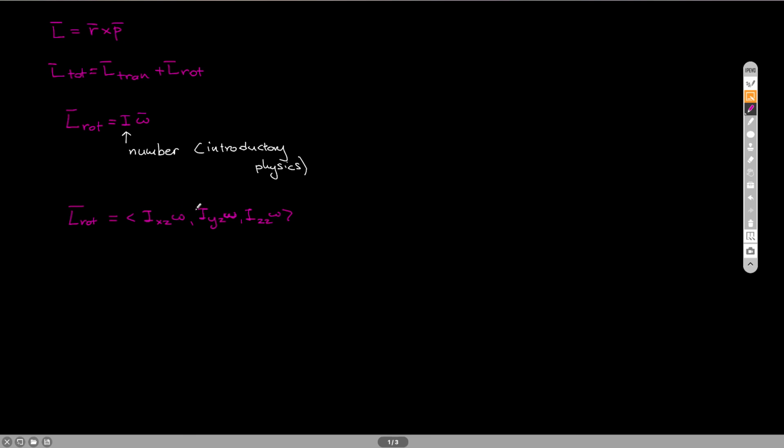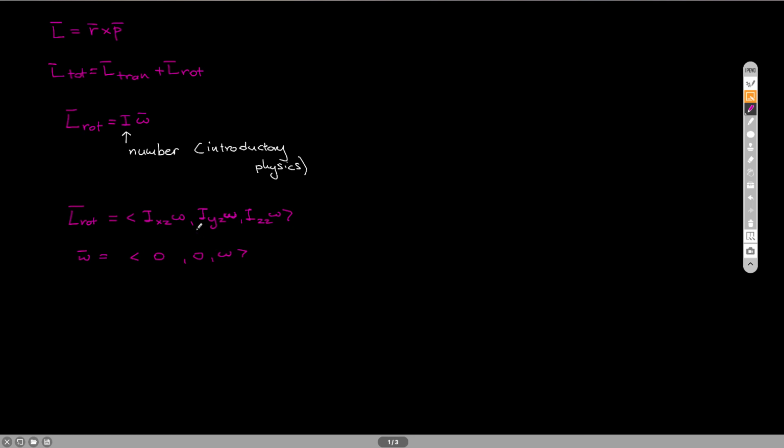Now, if the object is rotating around the z-axis, then this means that its angular velocity is 0, 0, omega z. It points in the z direction.